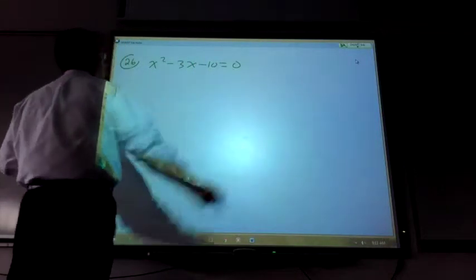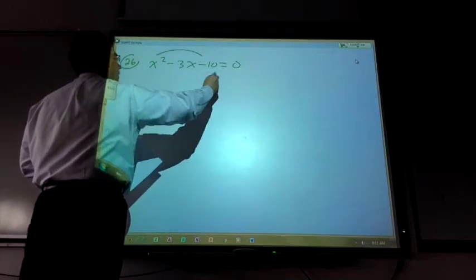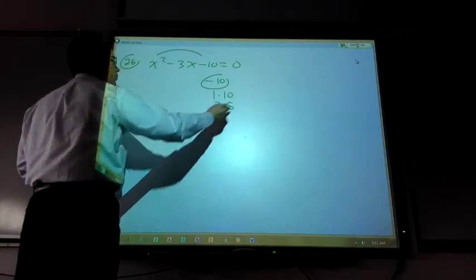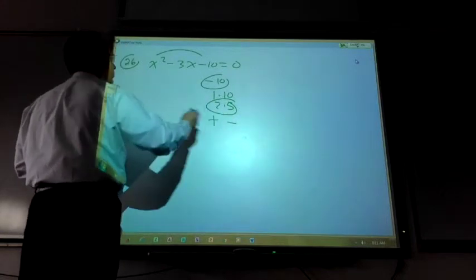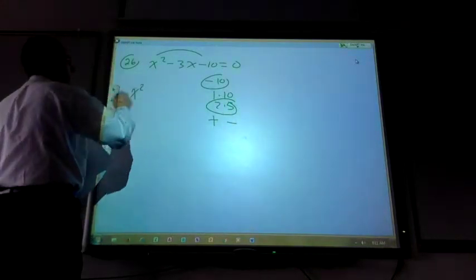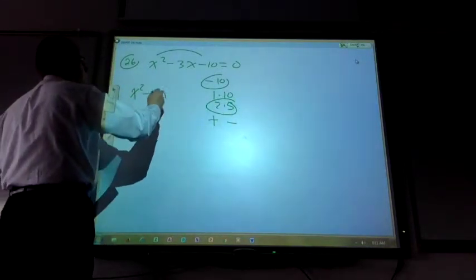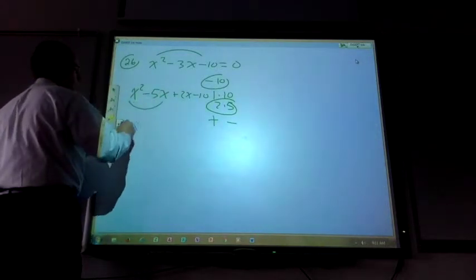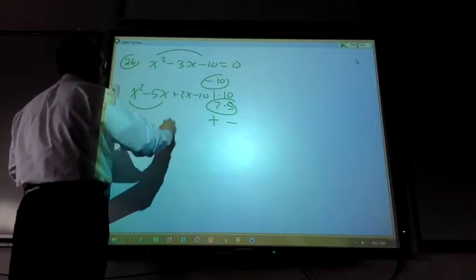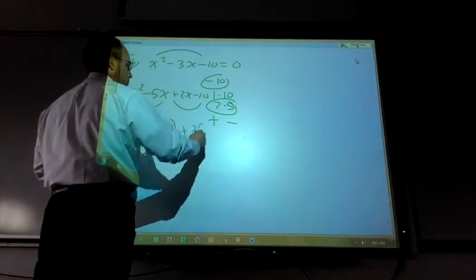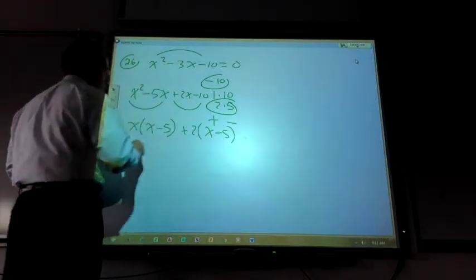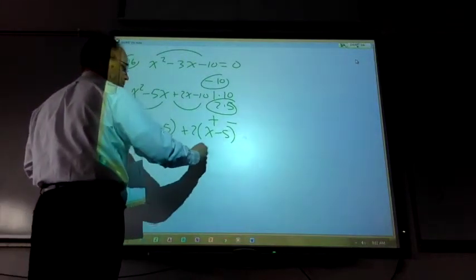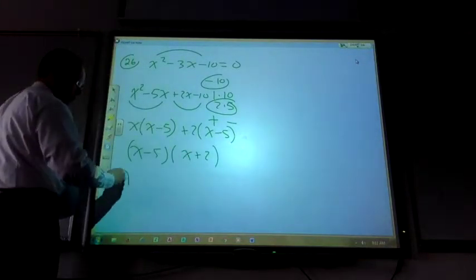Remember, you're solving, it's equal. Set each of those equal to 0 and solve it.